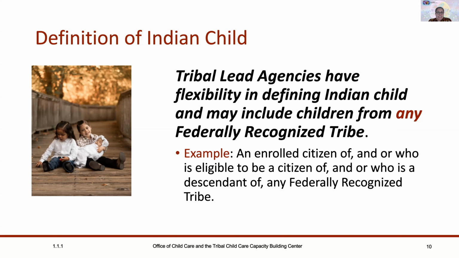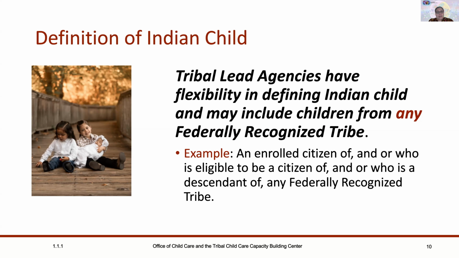The definition of Indian child can include children who are tribal members, whose membership is pending, who are eligible for membership, and who are children or descendants of members. This could also include children who do not have tribal ancestry, but who are adopted children, foster children, and stepchildren.